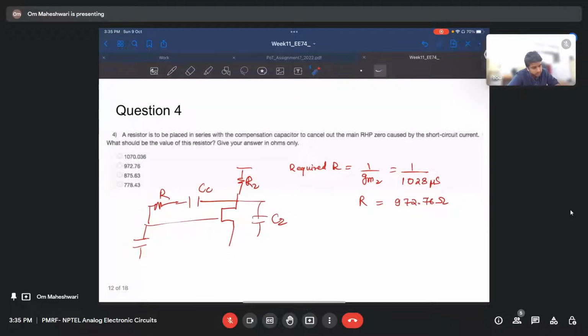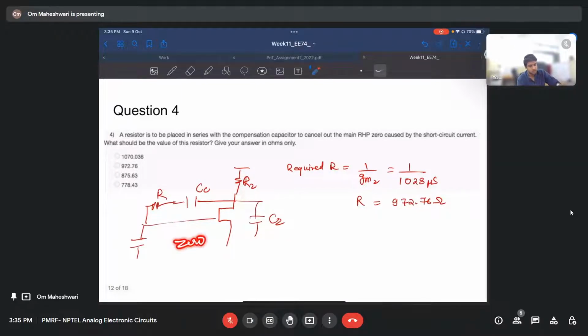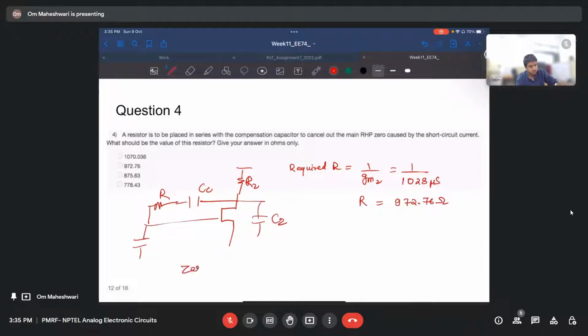Then they are asking what should be the value of R. If you have seen the first video of this week, this path contributes a zero in compensation. When we solved it, to move that zero to infinity, this R should be equal to 1 by GM of this transistor, 1 by GM2. If the GM2 value is already given, it is simply this.